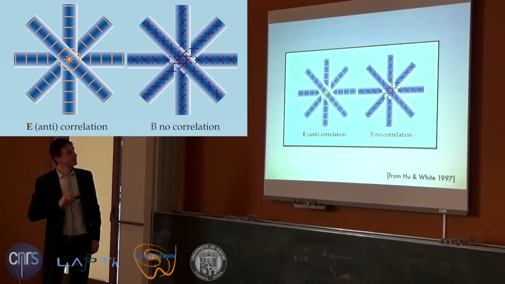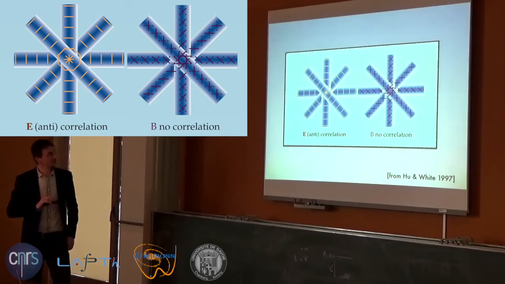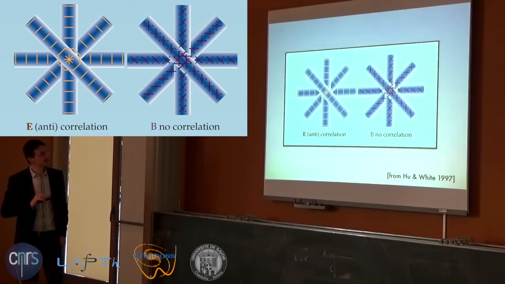So what this figure tries to explain, I didn't say it very clearly, is that this is all polarization, this is all a vector orientation that is of the type of the E field.